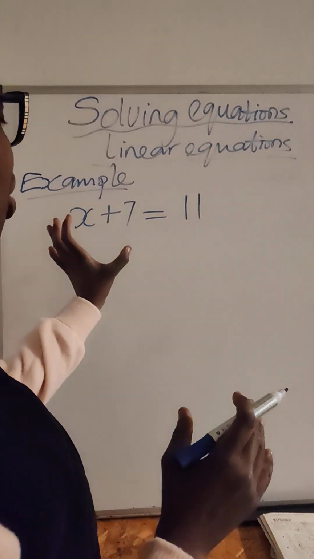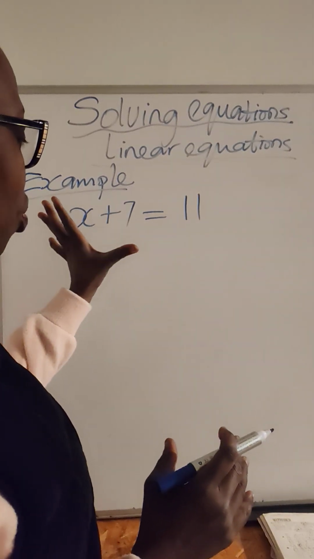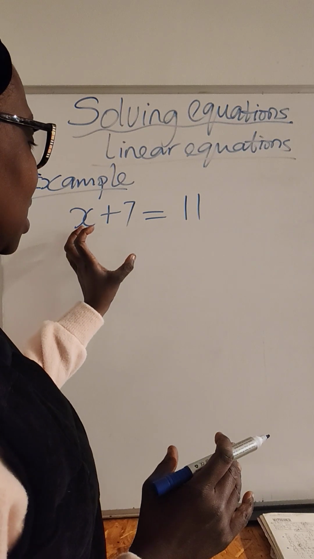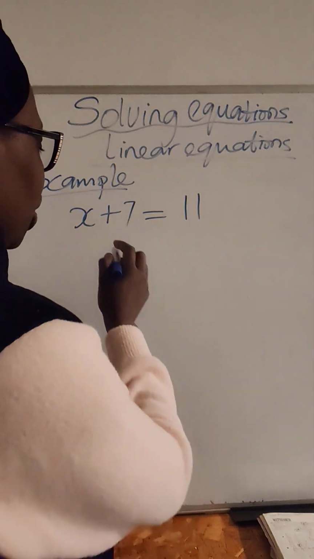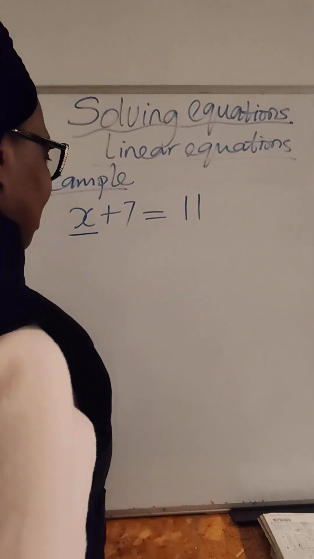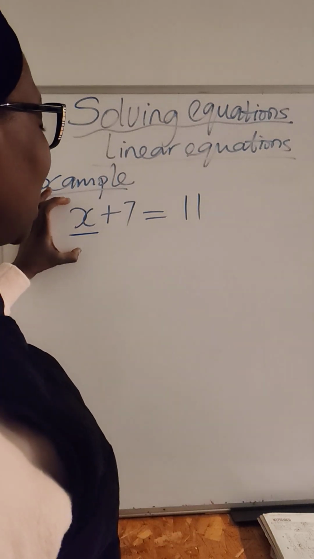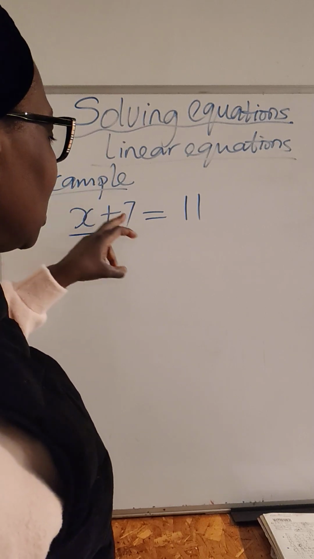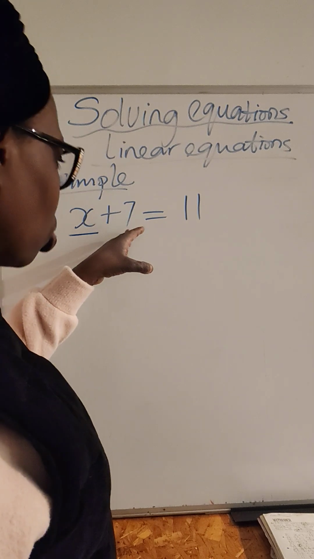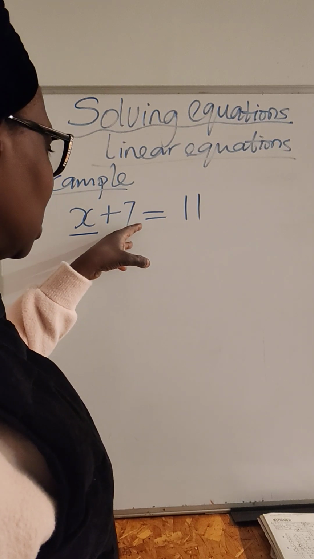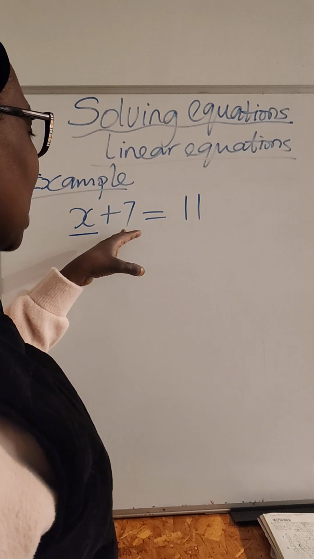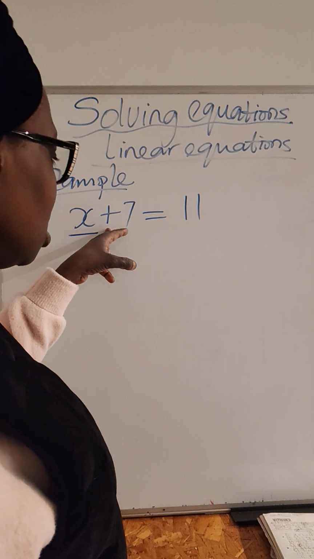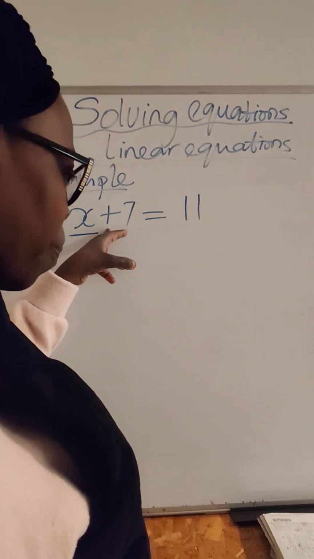Here the unknown is x. You look at the relationship between the unknown and the number closest to it, and we see that the relationship is an additive relationship.